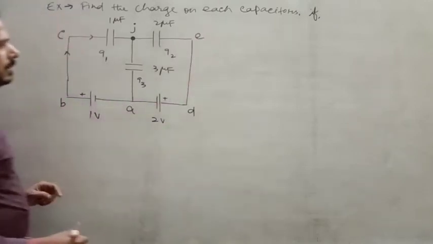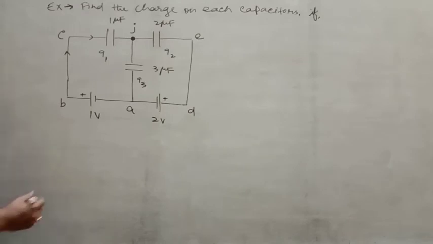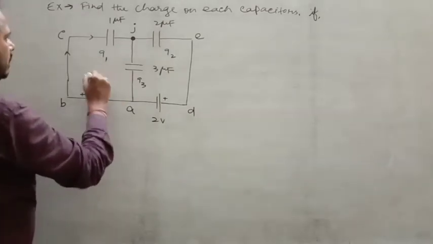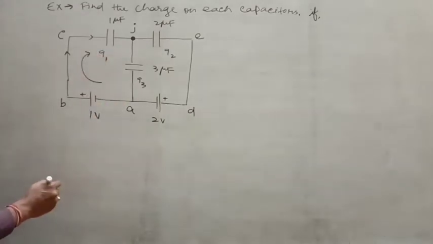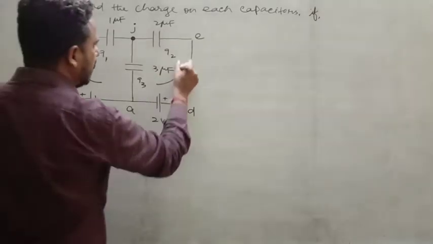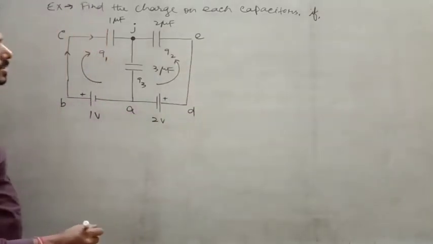E. You are seeing that there are two loops, one in the clockwise direction and one in the anti-clockwise direction.